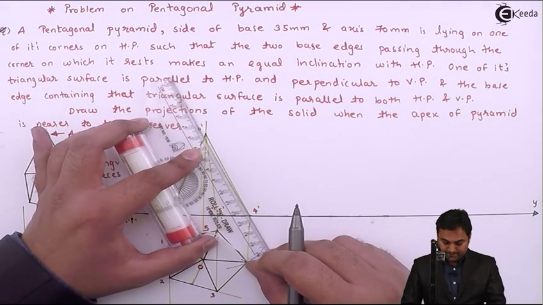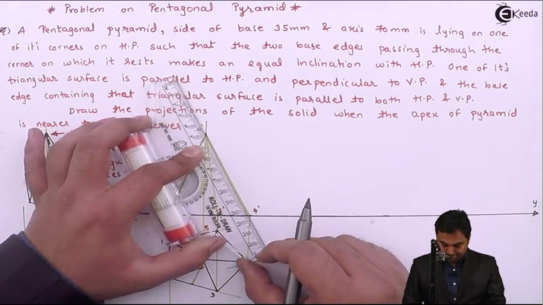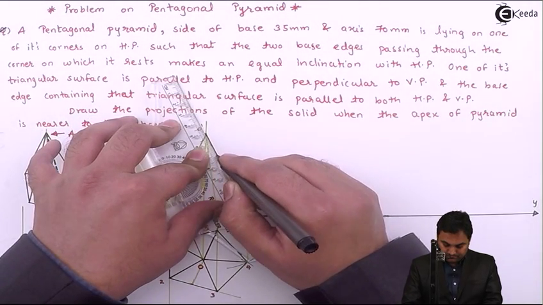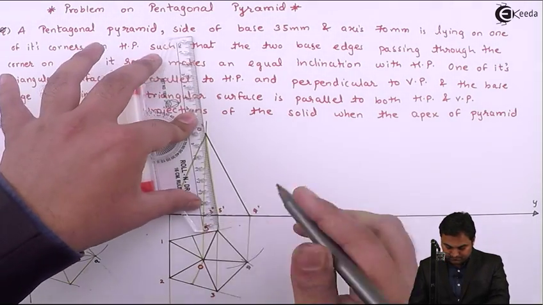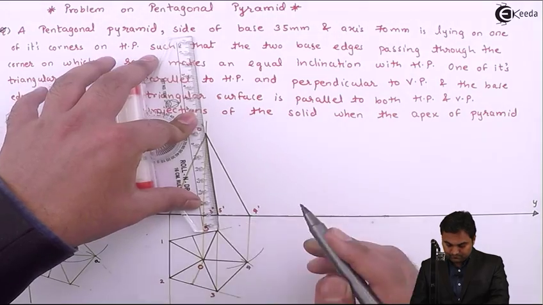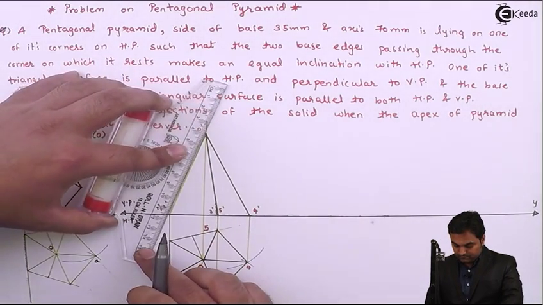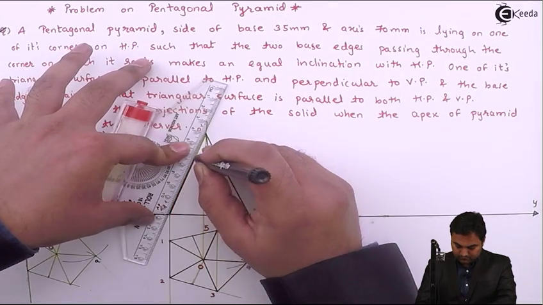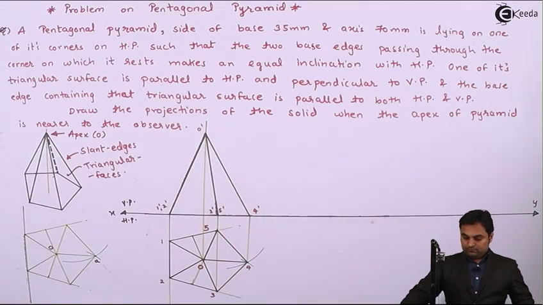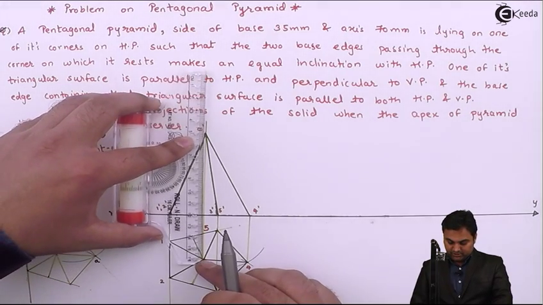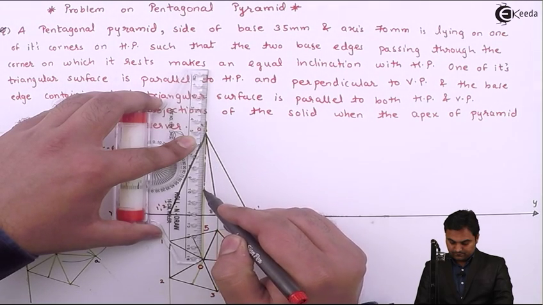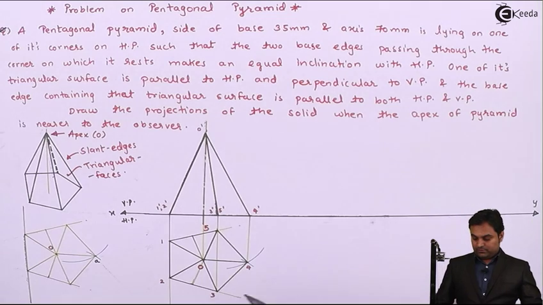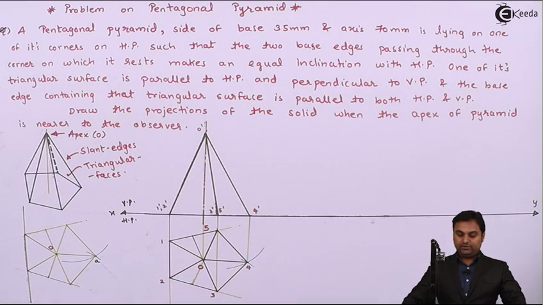Now the front view for the same. Next, joining the axis. Now this is the initial condition of the pentagonal pyramid. After that, I'll read what is given in the problem.